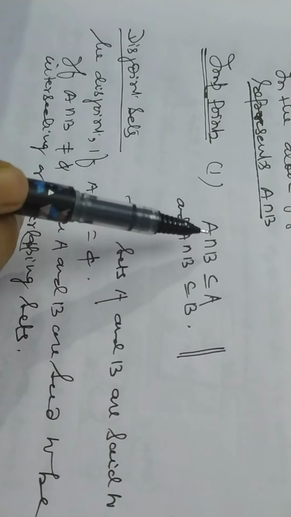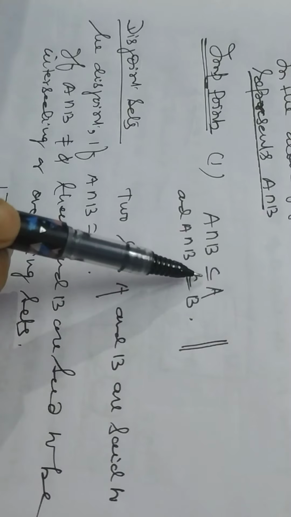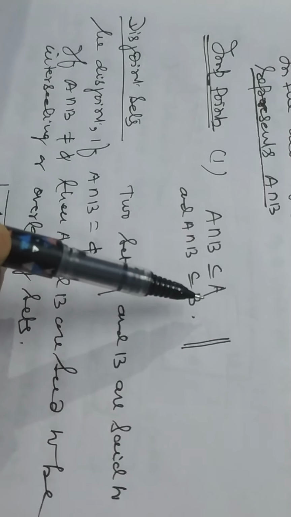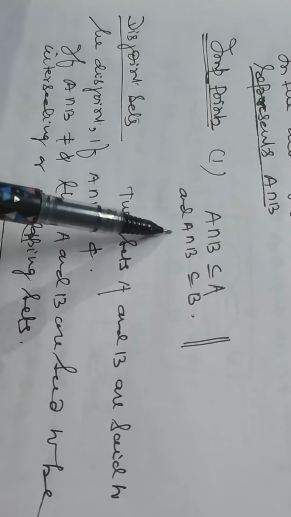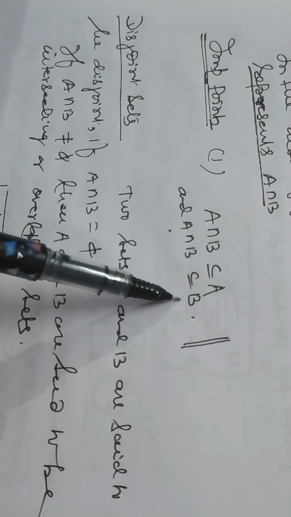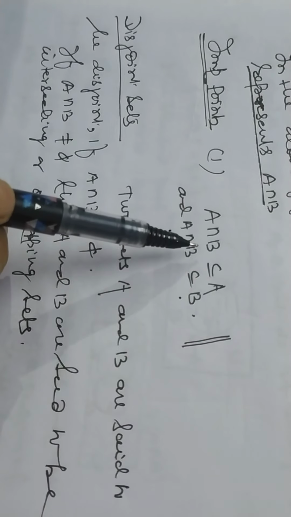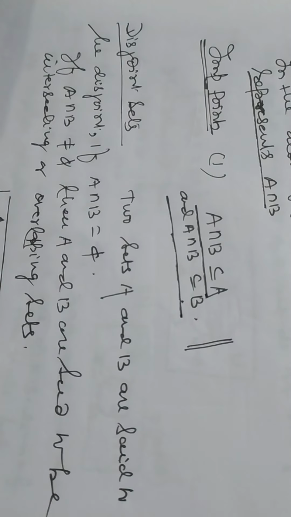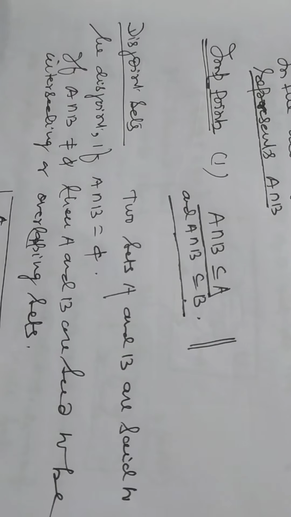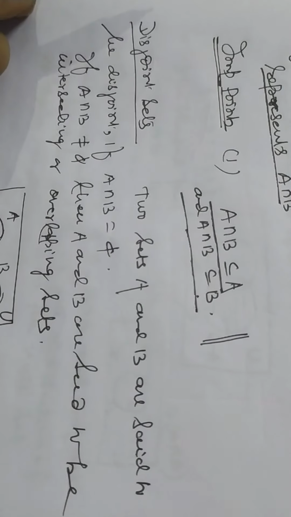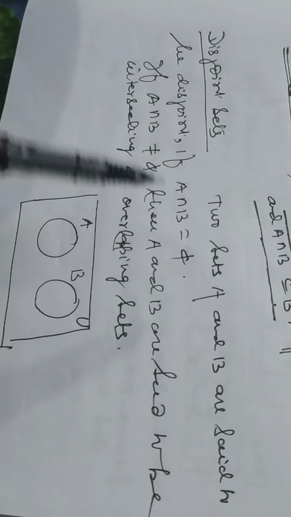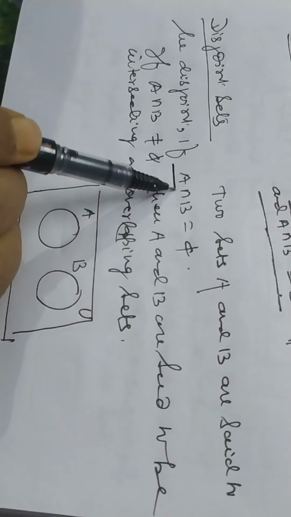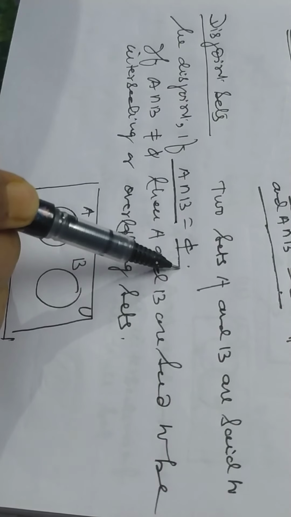There are some important points. A intersection B is a subset of A and A intersection B is a subset of B also, because it is the common part of A and B. Disjoint sets: two sets A and B are said to be disjoint if A intersection B is equal to phi.